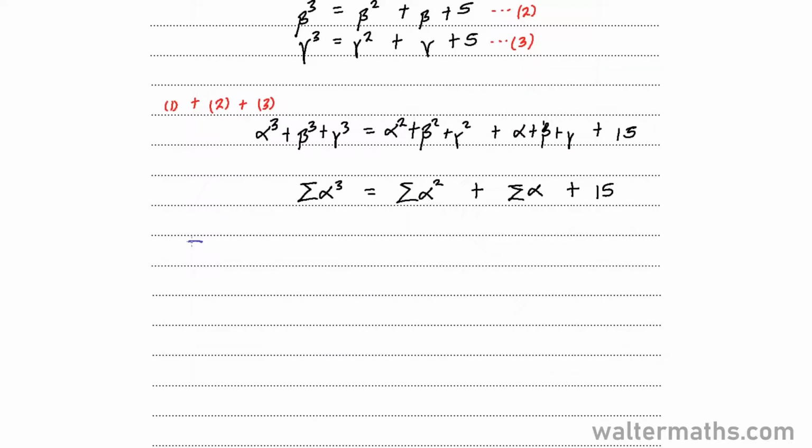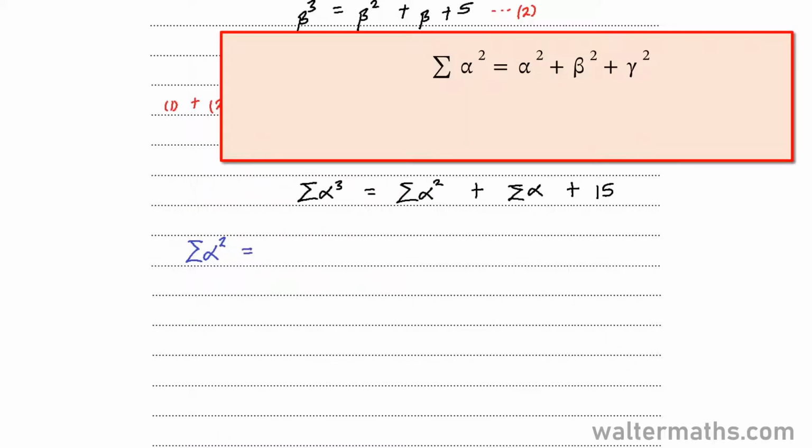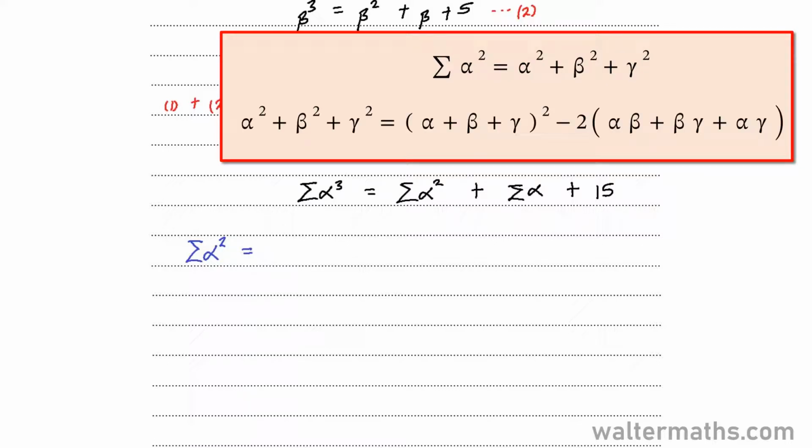Now, first we'll need to find the sum of roots of the form alpha squared, which is alpha squared plus beta squared plus gamma squared. Using this relationship, this is equal to the sum of roots squared, minus 2 of the sum of product of pairs.